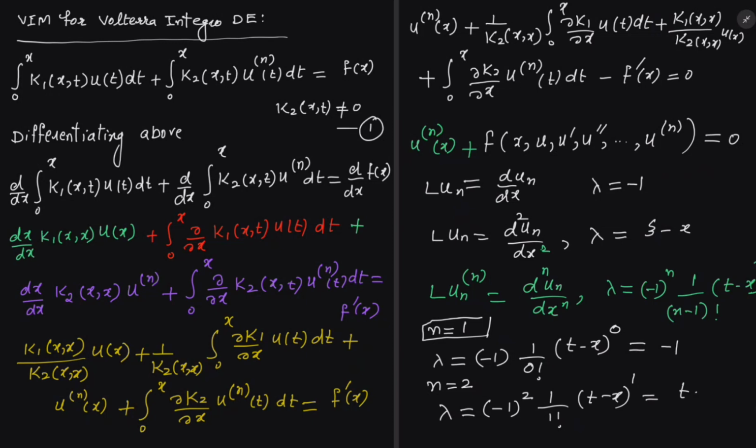So we get t minus x, or it depends: either we have xi, then it becomes xi minus x. Similarly, we can find lambda for the third derivative, and so on. So that's the general formula that we have to use for the integro-differential equation.